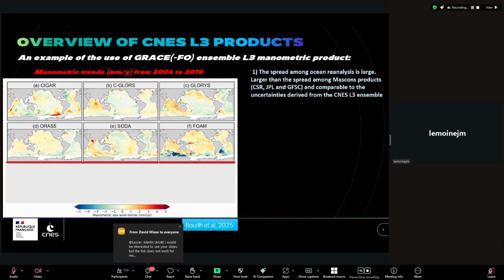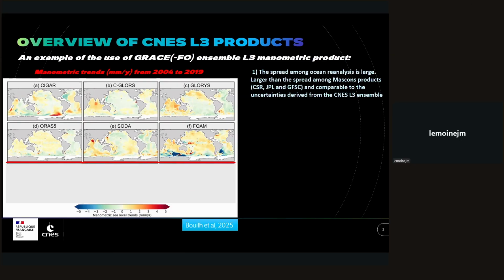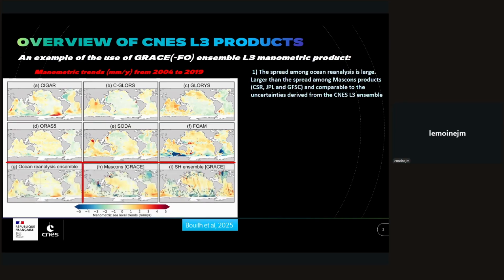The first observation is that the spread between the reanalyses is large. The second observation, on the bottom row, you have here the ensemble from the reanalyses. In the middle, you have the ensemble from the mascons. And here you have the ensemble from the spherical harmonic solutions.